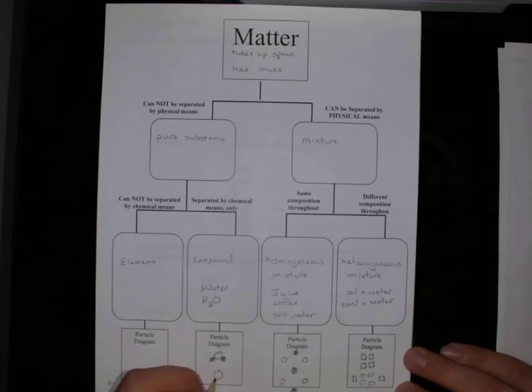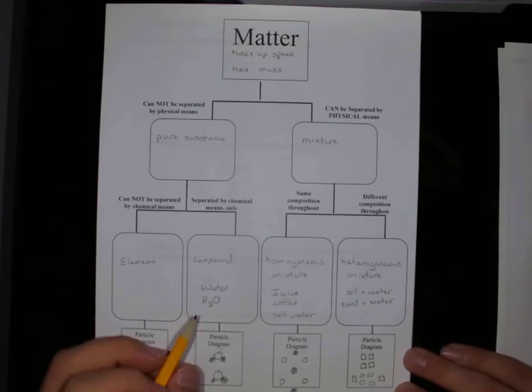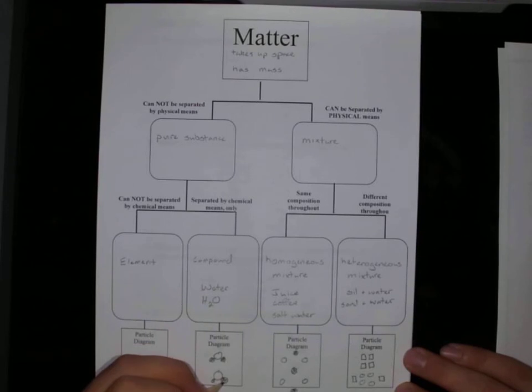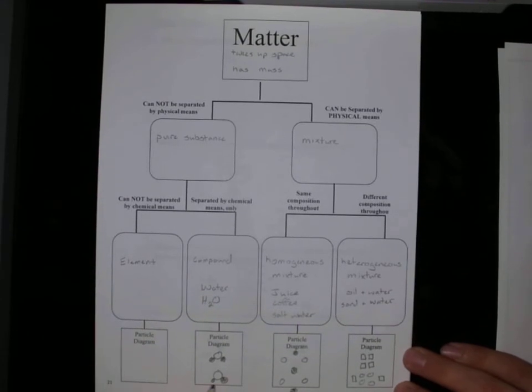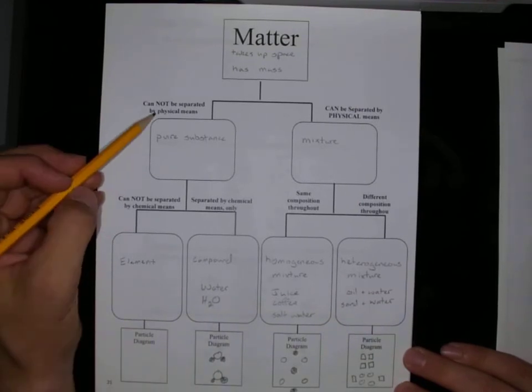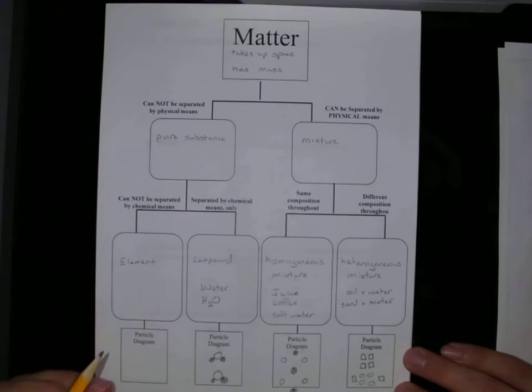We've got a big circle maybe to symbolize our oxygen, and a smaller circle that symbolizes our hydrogen. And you can see that we have different colors, right? Our dark color maybe symbolizes our hydrogen, the big circle would symbolize our oxygen. And what we can see is that this compound right here is chemically bound. So we wouldn't be able to separate it by physical means. We would have to separate it using a chemical reaction.